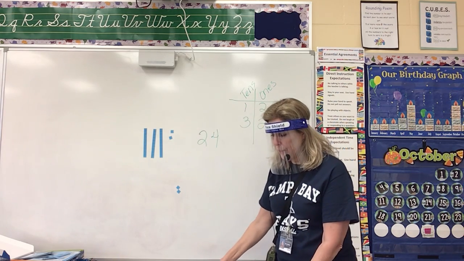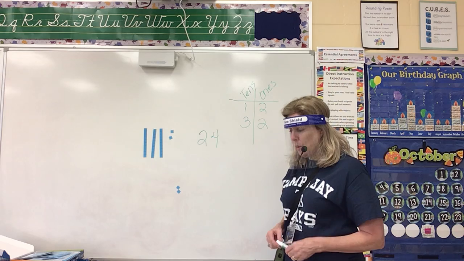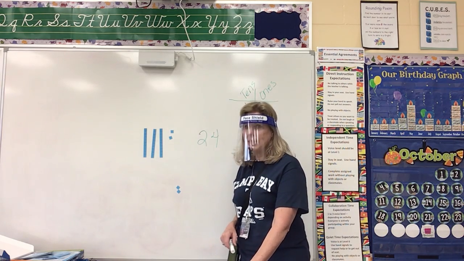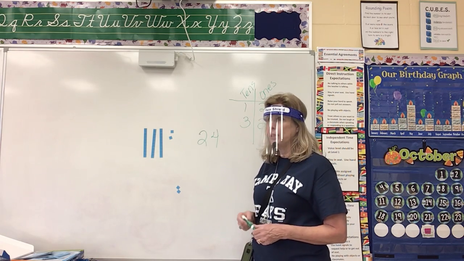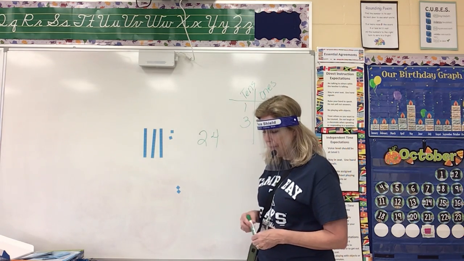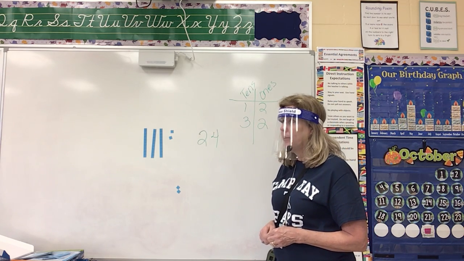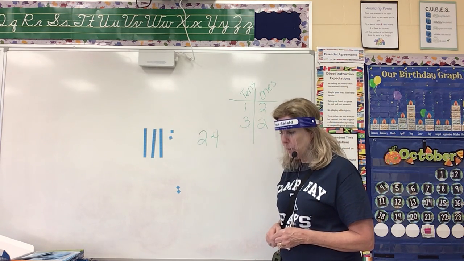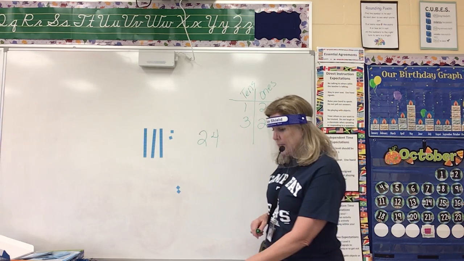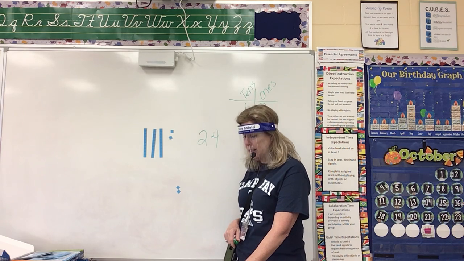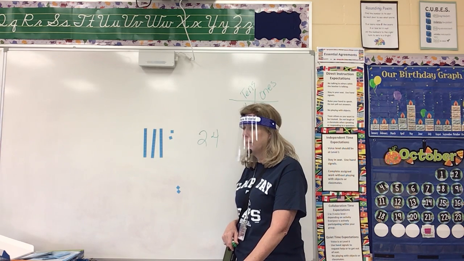Complete the table. Oh, wow. So our number is 85. So how many base 10s did they have? What were they showing, modeling there, Stephen? 8 what? 8 tens, and how many ones? 5. So for your tens and ones, you're going to put in 8 tens and 5 ones.